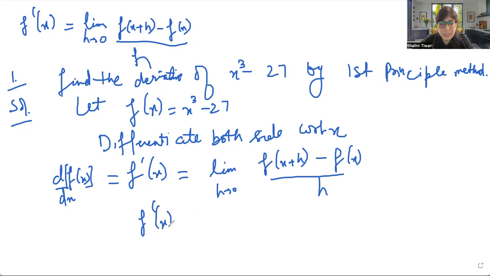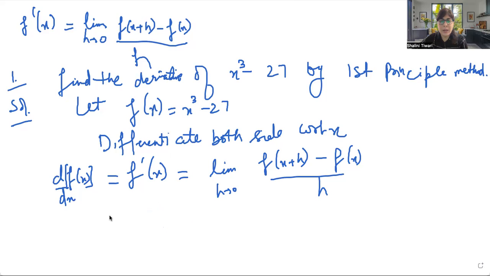So f dash x equals, now we need to replace x by x plus h. We need three things to solve the values, right? One is f of x plus h, other is f of x, and third thing is h. So first we'll solve f of x plus h.